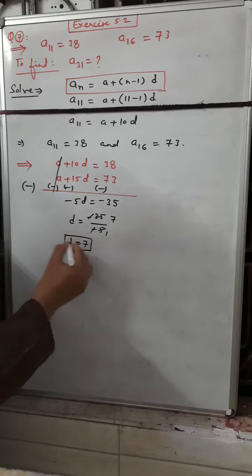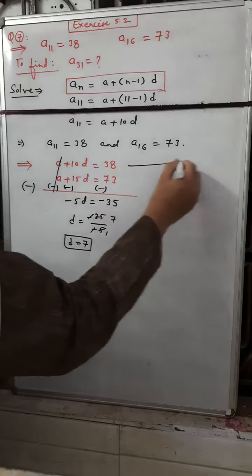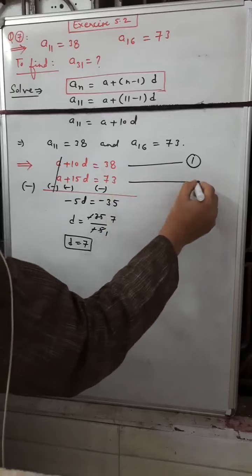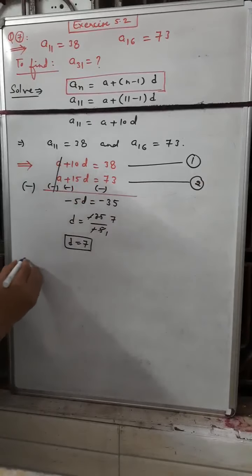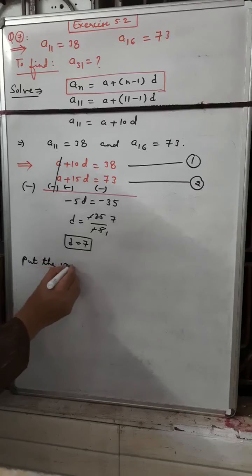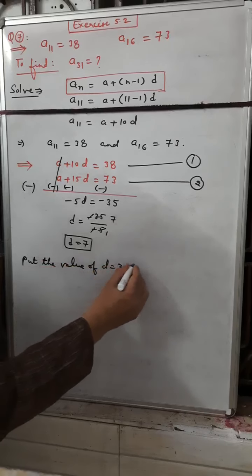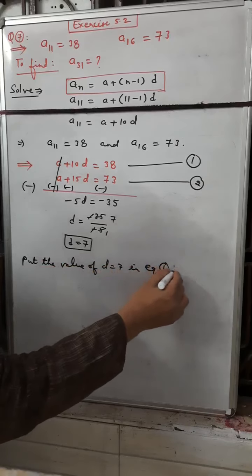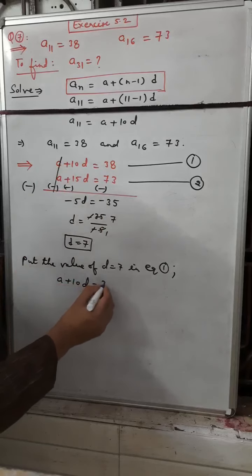We got d. And now we have to find a. So put the value of d in any equation. Suppose I am putting it in equation 1. Put the value d is equal to 7 in equation 1. So what do we get? a plus 10d is equal to 38.